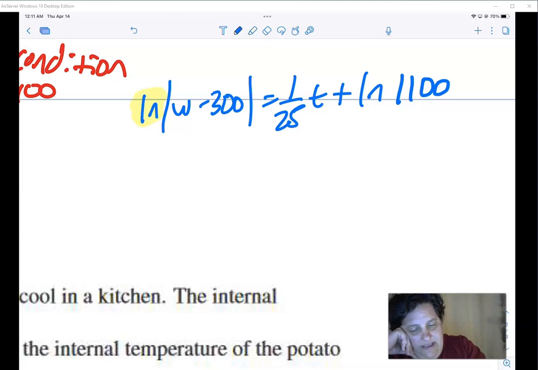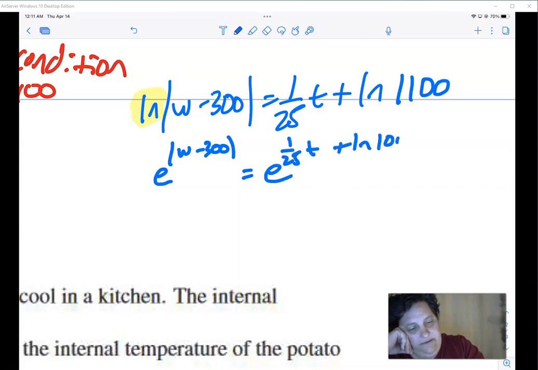To get rid of an ln, that's e to the power of w minus 300, and then e to the 1 over 25t plus ln of 1,100. No, that's not right. Sorry, e to the ln of that, and then e and ln cancel out. So this is just the absolute value of w minus 300.